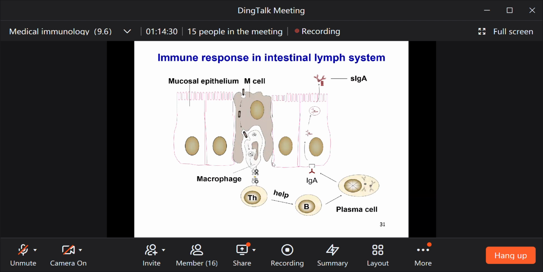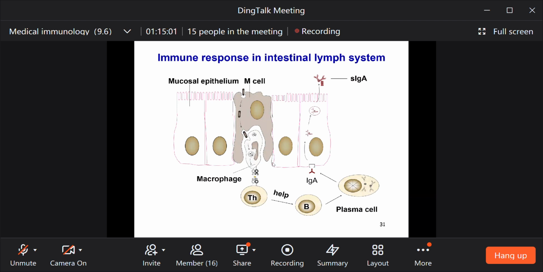The foreign substance is eaten by the M cell and transferred to the macrophage, and the macrophage degrades it and presents the antigen peptides to the TH cell, and the TH cell will help the B cell to differentiate into plasma cell, and finally the plasma cell will produce the antibody.